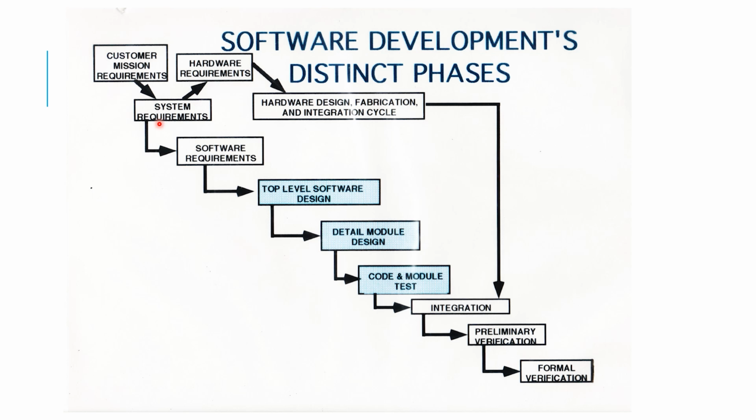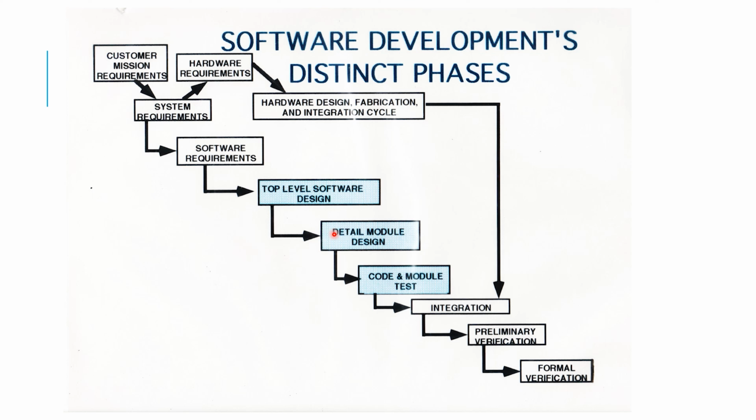But after you have the system requirements and the software requirements divided out, then the engineers get those software requirements and they start designing things. And one of the first things they do is they come up with what's called a top-level design. So they kind of break things up into tasks or into modules, and they start saying, okay, well, this needs to happen over here on the left, this needs to happen over here on the right, down the center we need to do this.